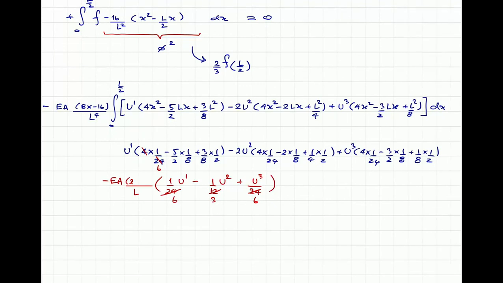Multiply by minus 16. Let's put the minus 16 in there.